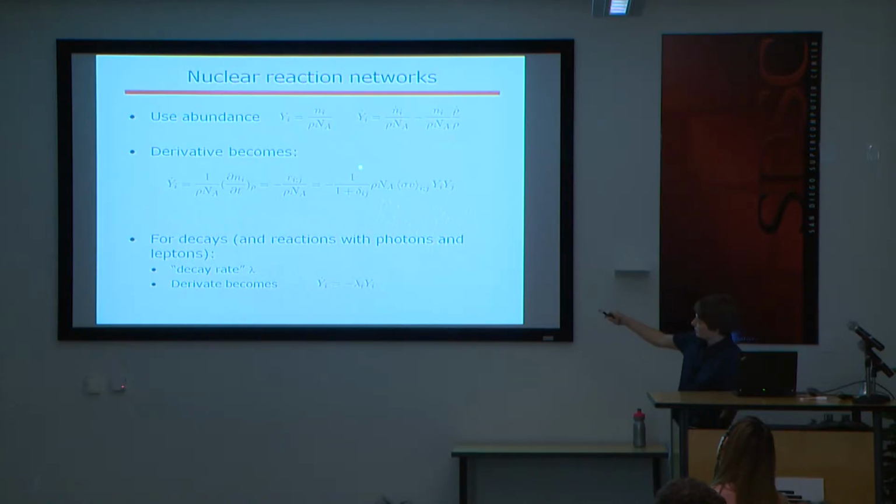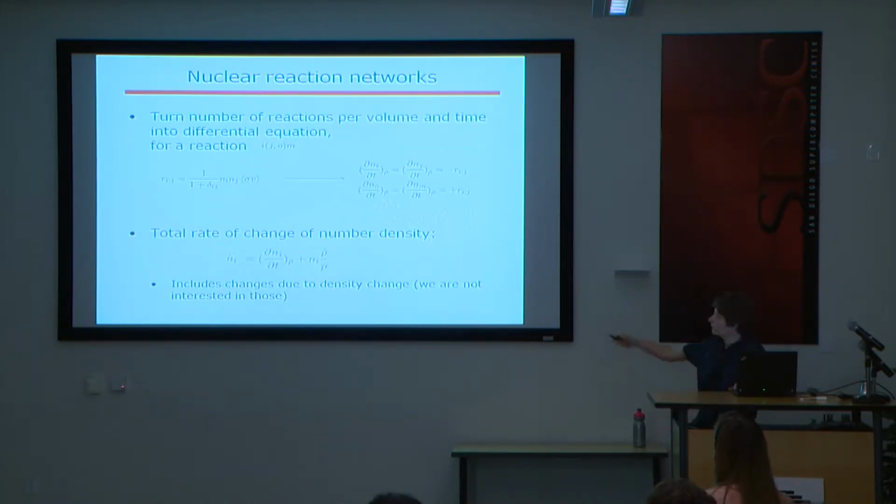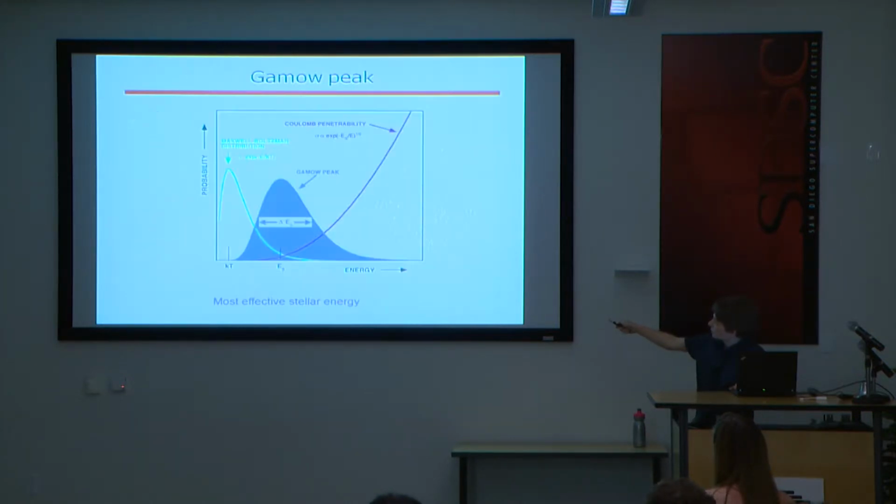Or if you write it in terms of the thermonuclear cross-section, instead of number density of i and number density of j, now you have abundances of i and j. Sorry, I want to go back one more.